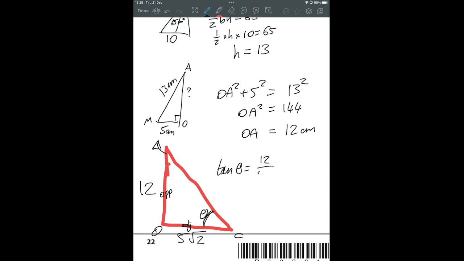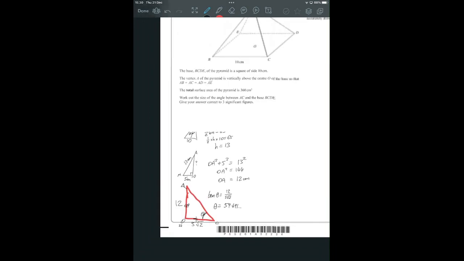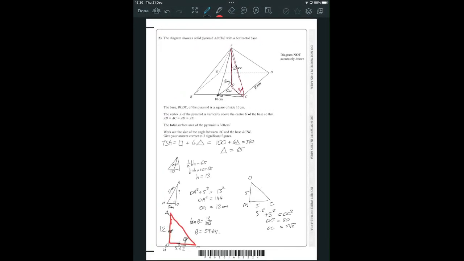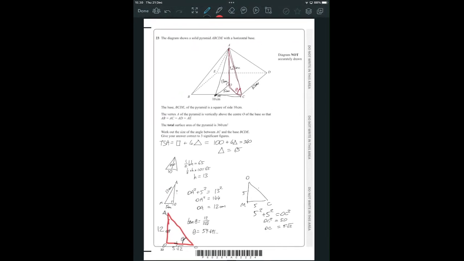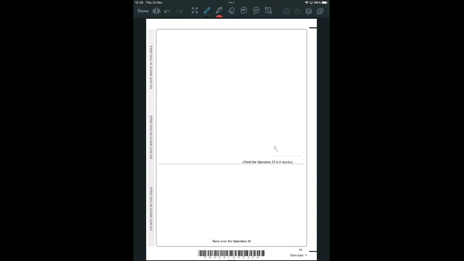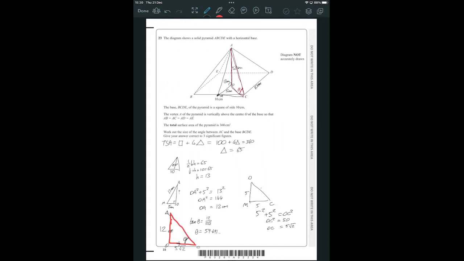Tan of opposite over adjacent. Tan inverse of that in my calculator. Tan inverse of 12 over 5 root 2 gives me an answer of 59.491, etc. The question wanted 3 sig fig, so 59.5.